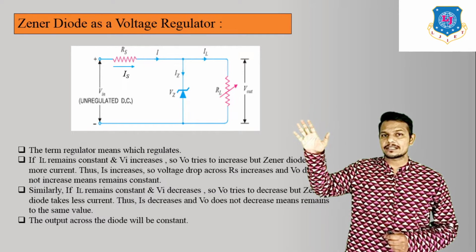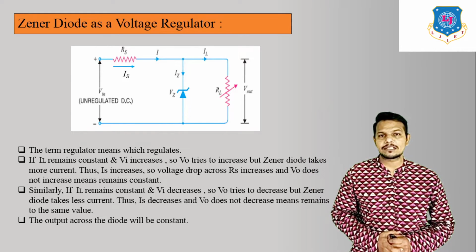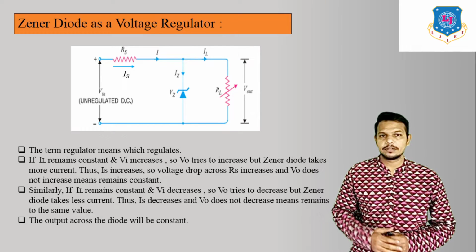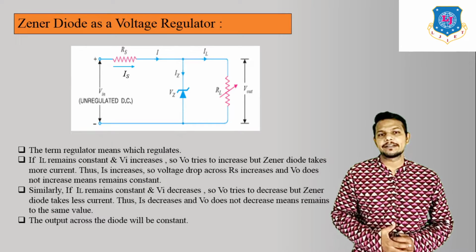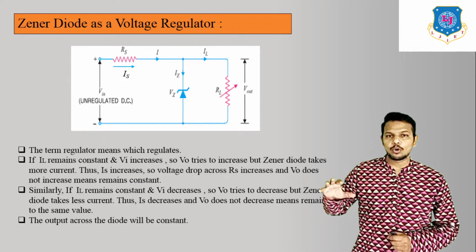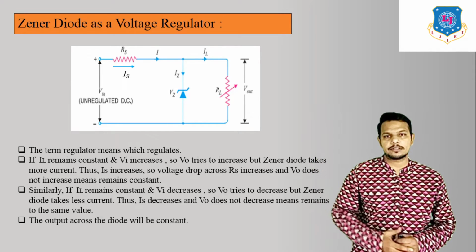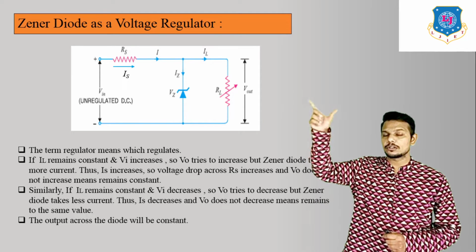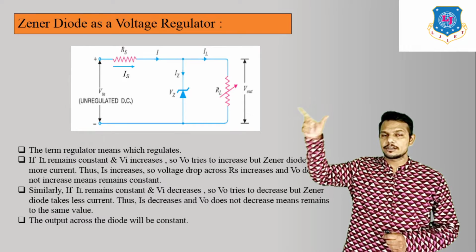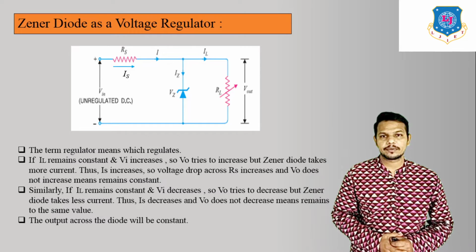If IS increases, then across the resistor RS the voltage drop VRS, which is equal to IS into RS, increases, and VO does not increase; that means it remains constant. Because across this RS the voltage drop increases, Vout is not increasing.